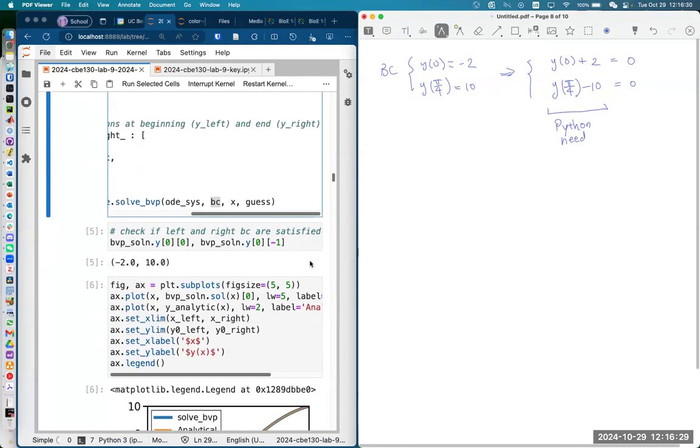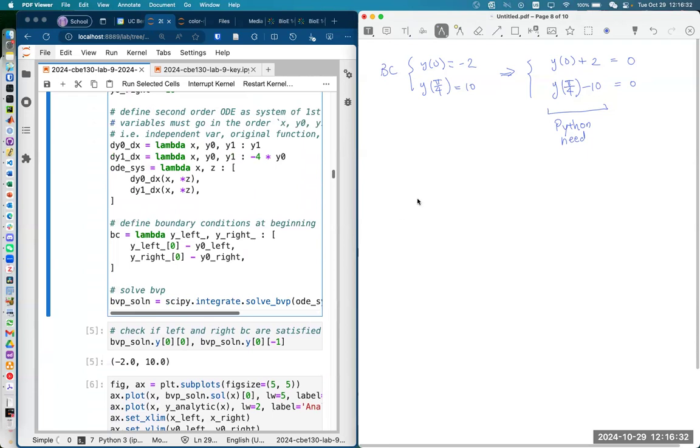And the convention that it needs, so these are the conventions by Python that we need to follow, is that it requires the boundary conditions to be a lambda function. So BC is a lambda function instead of a list.